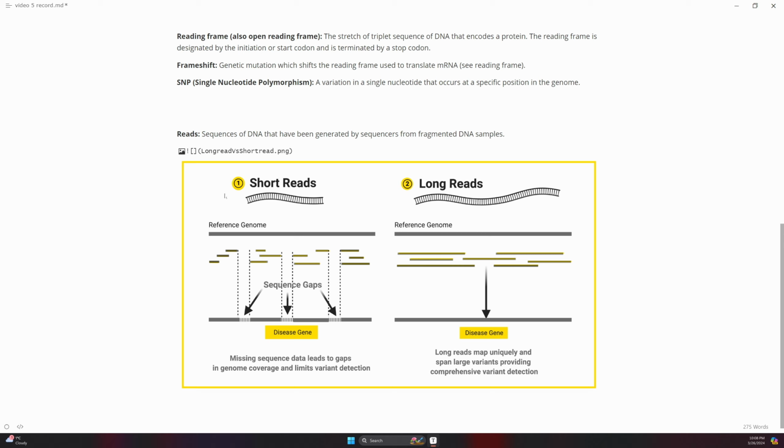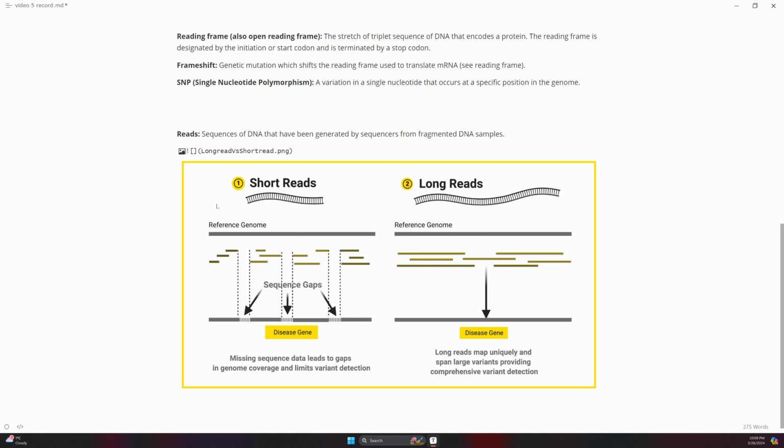The very popular Illumina sequencers are short read sequencers, typically 150 base pairs or 250 base pairs long. Long reads, on the other hand, can read hundreds of thousands of base pairs at a time.